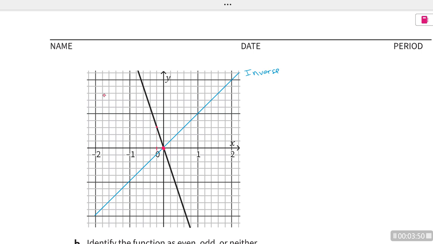So we're going to have that be the opposite, right? So instead of going left 1 and up 3, we're going to go left 3 and up 1. So that point kind of transforms there.